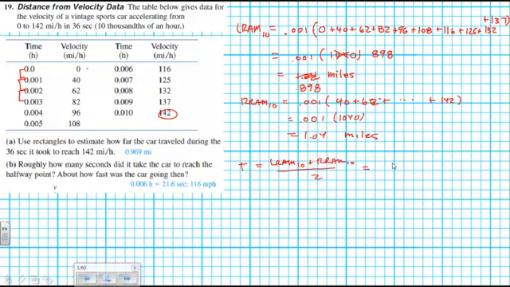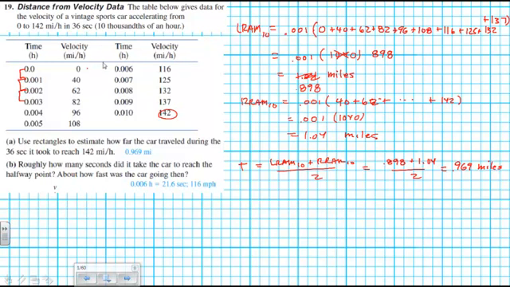And if we do that, we end up with 0.998 plus 1.04 divided by 2, and we end up with 1.019 miles.